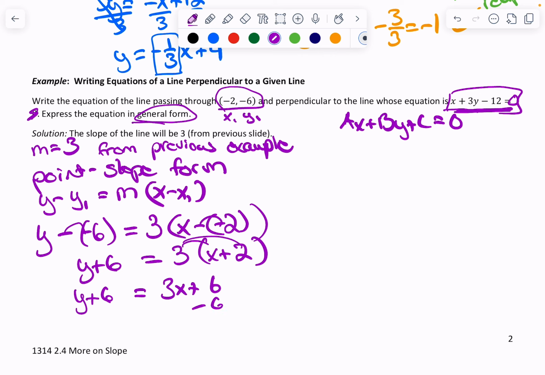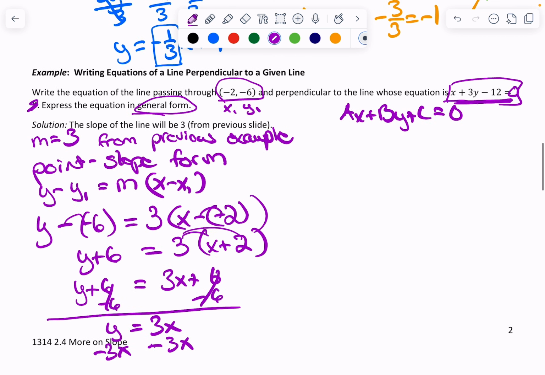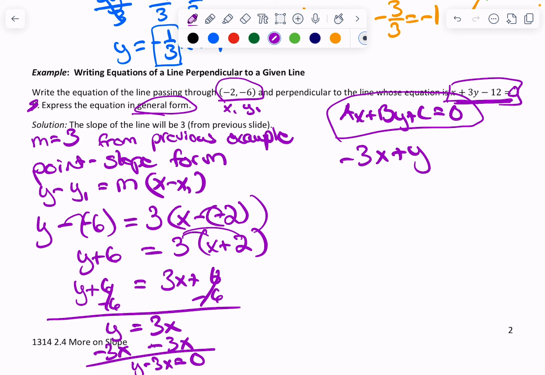So I'm going to go ahead and subtract 6 first. It cancels it out on both sides. Now, we're going to subtract 3x from this, and we get y minus 3x equals 0. So if we look at our general form here, our x is first, then our y, we don't have a c, and it's equal to 0.